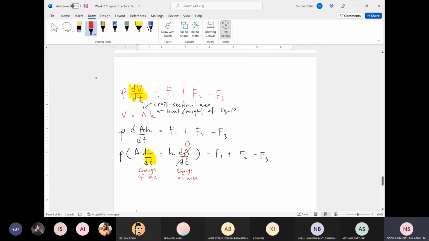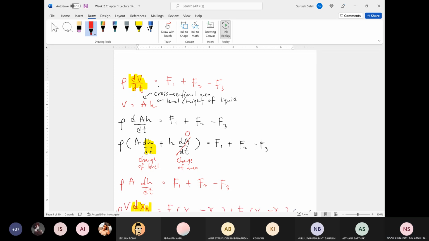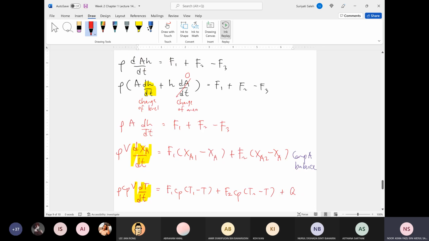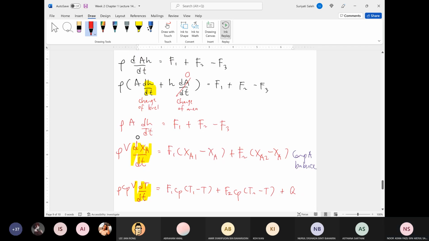So based on this, you get rho A dH over dt equal to F1 plus F2 minus F3. So this is your final form of the level against time.